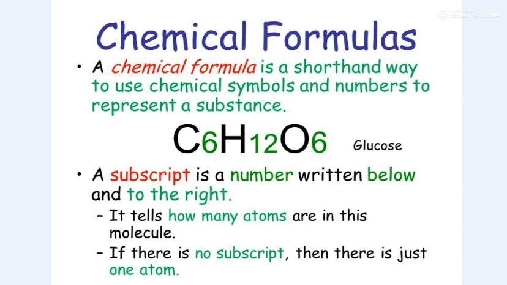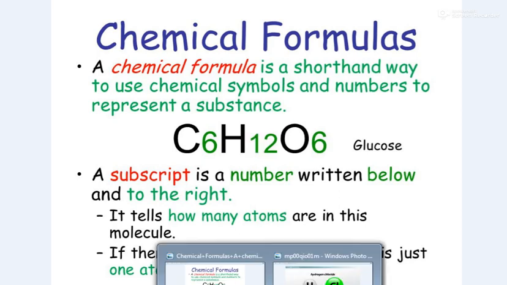For example, glucose is C6H12O6. That is the formula of glucose, written in the short way. So the shortest way, the symbolic representation of an element or a compound, is known as a chemical formula.